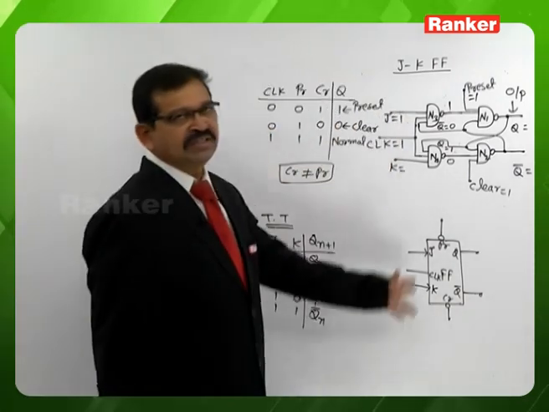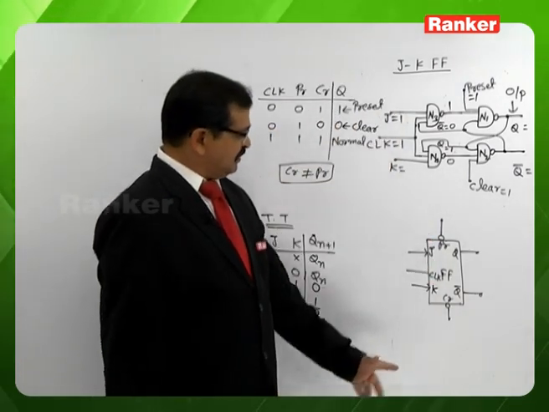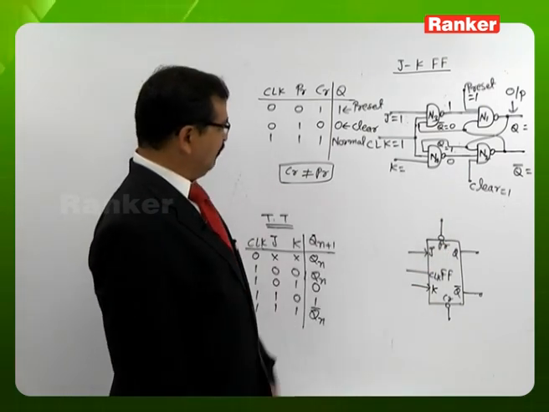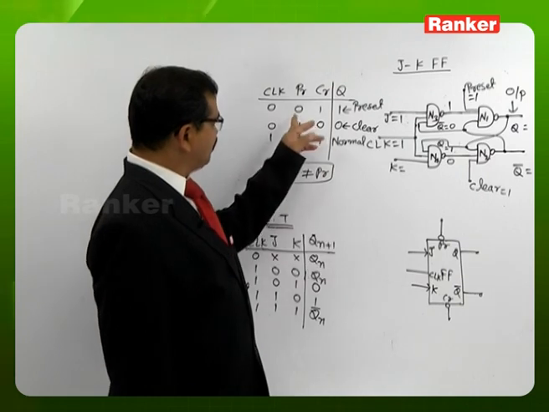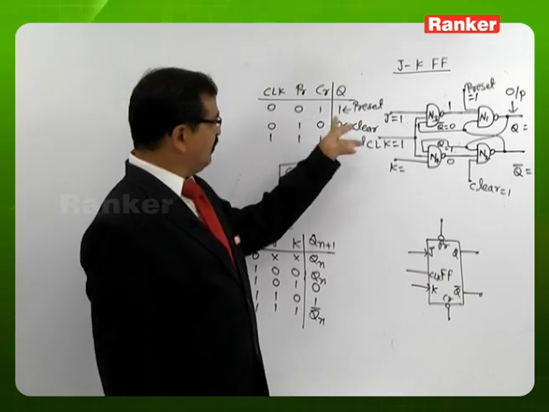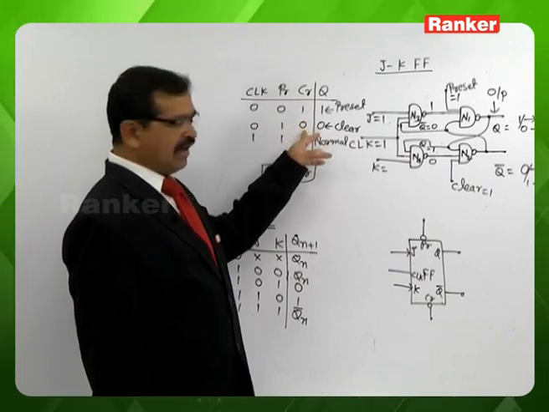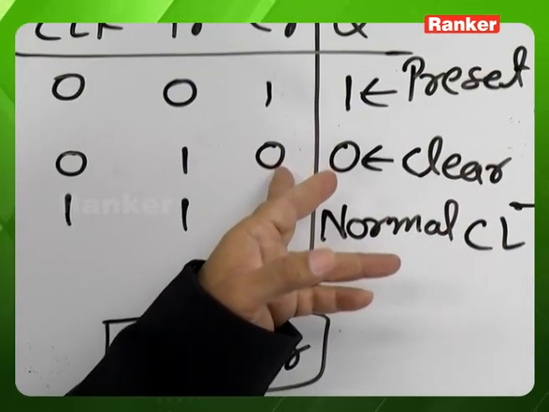For preset and clear, we see a bubble along with the line. It has a similar meaning to active low enable. We can understand that the effect of the preset on the flip-flop occurs whenever preset is 0, and the effect of the clear occurs whenever clear is 0.